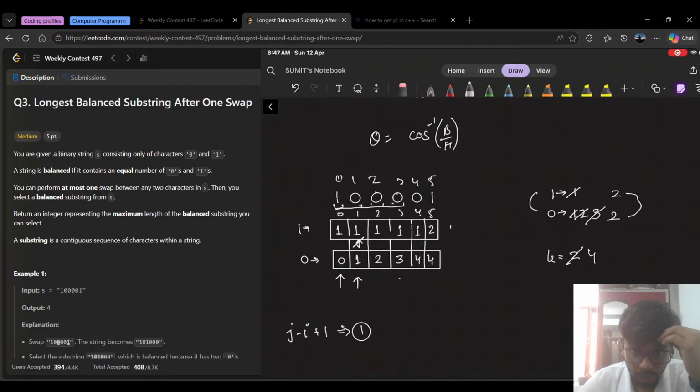Check. What I'm doing, I need to check if s of i equals to 1. If it is 1, ones of i plus plus, else if s of i.